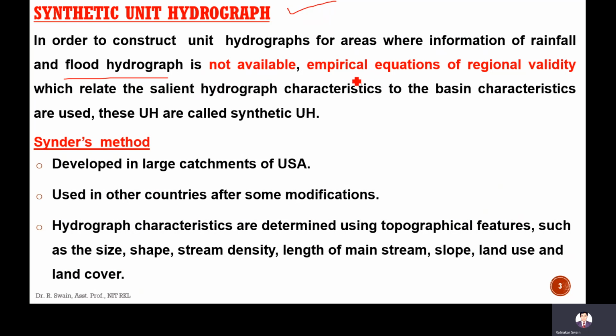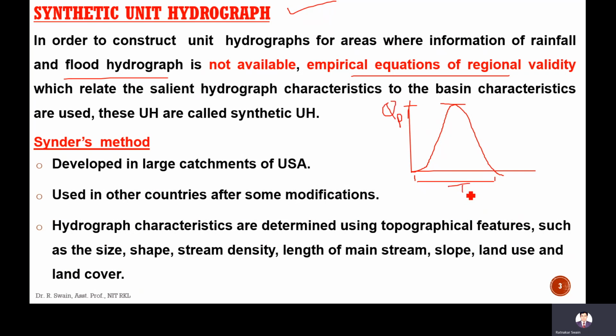In that case, empirical equations can be used to determine various parameters of a hydrograph: the base time, the peak discharge, the time to peak. These parameters can be determined using empirical equations.